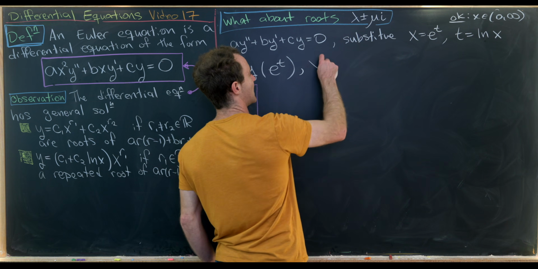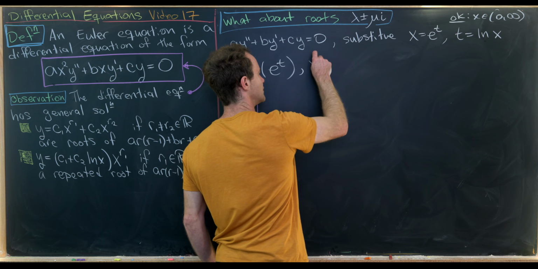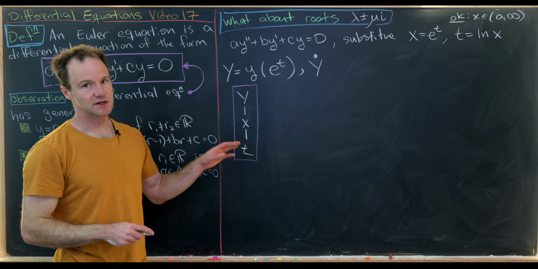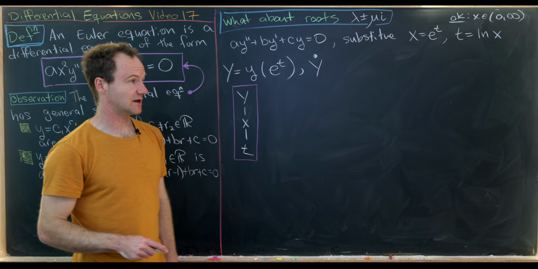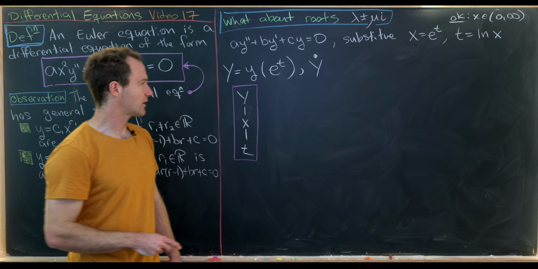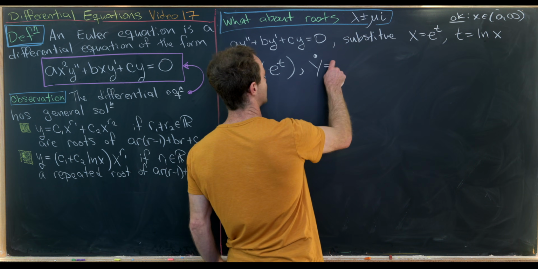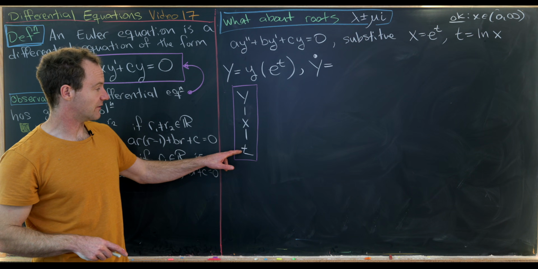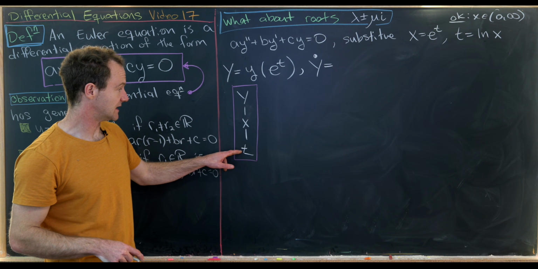Okay, so let's find the first derivative with respect to t. I'll use this dot notation on top to mean the derivative with respect to t. So just to reiterate, y dot means the derivative of y with respect to t. Okay, so that's going to give us the derivative of y with respect to x times the derivative of x with respect to t.